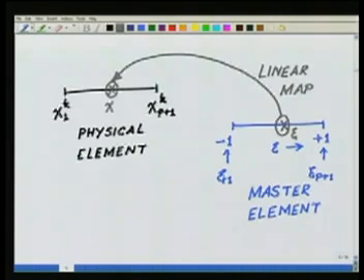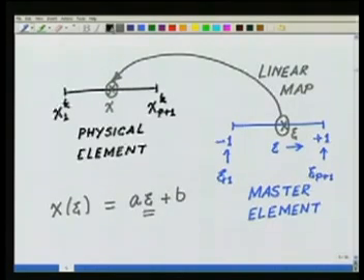Linear map or an affine map. So we say that x is a function of psi, and this is linear, that is, it is given by a psi plus b. So given the point psi, I can find the point x.